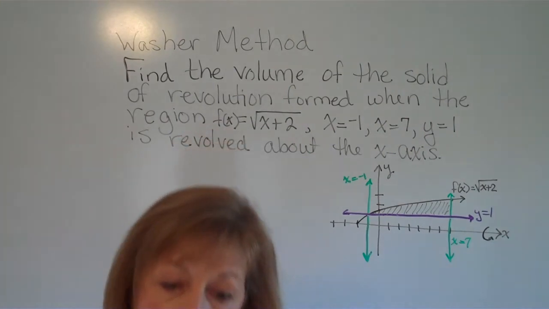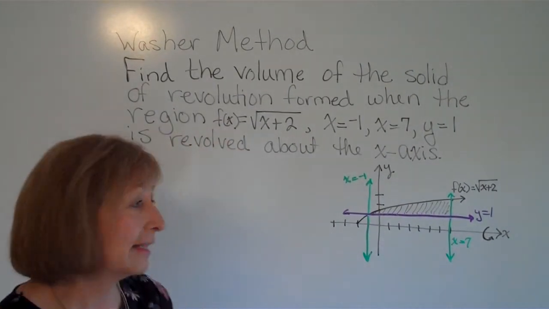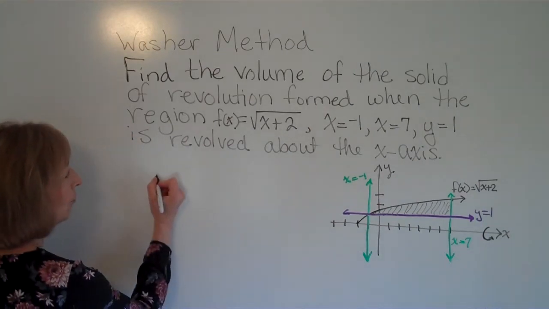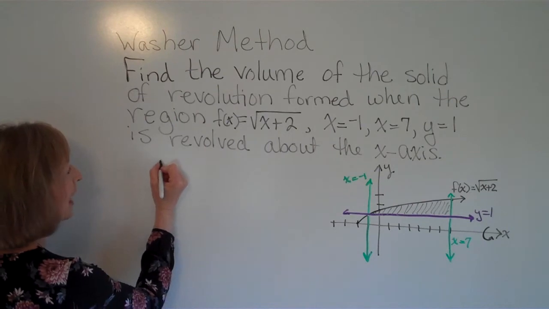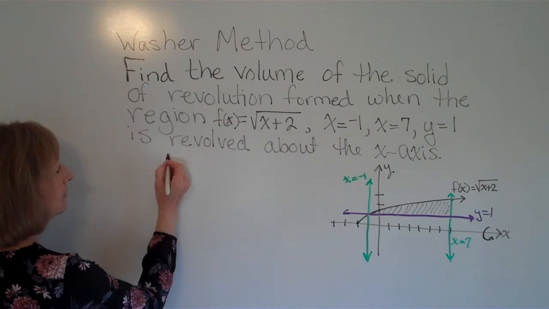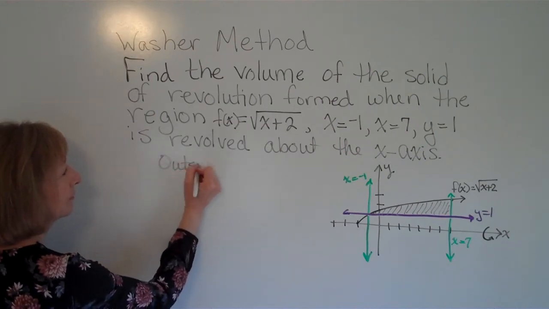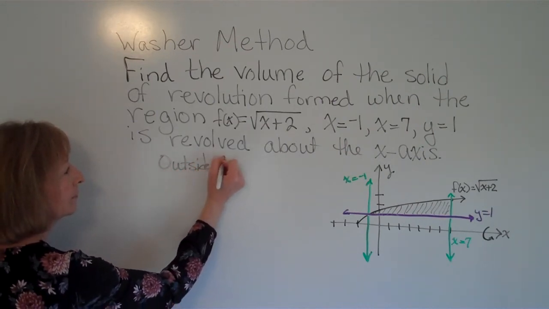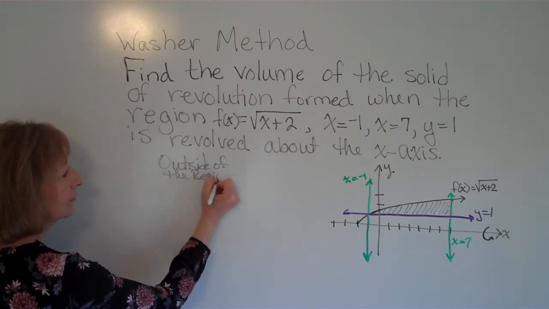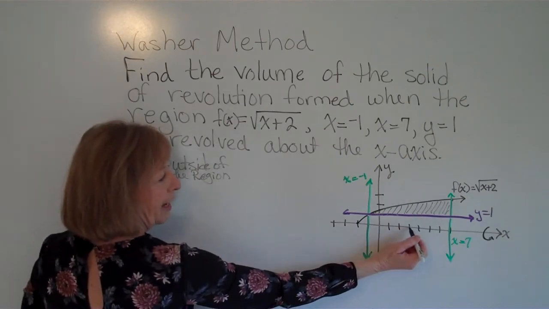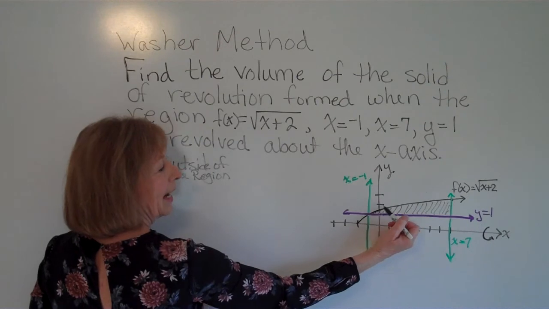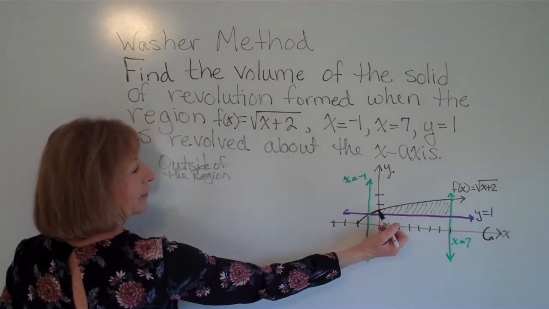In order to find this volume, you want to think about having the overall volume out to the outside, so coming from your axis of revolution to what would be the furthest reach away from the axis of revolution.